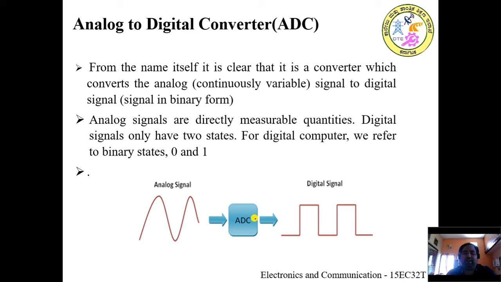As you can see from the figure, the converter accepts a continuously varying analog signal as input and produces a digital signal, represented by a sequence of logic 1 and logic 0 states. So a series of binary bits is expected as output.